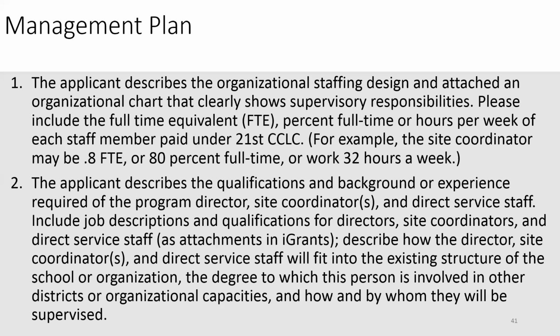Number 1, you're just going to meet the requirements, but you're going to describe it. We actually don't ask you to describe the qualifications because we felt that was redundant, so we're just asking you to provide the qualifications through the job description. We did ask you to do both last year.